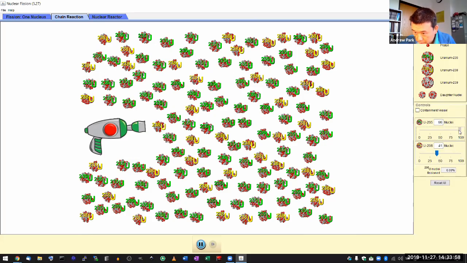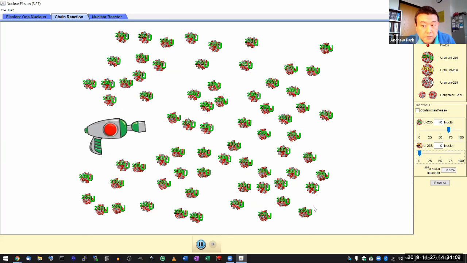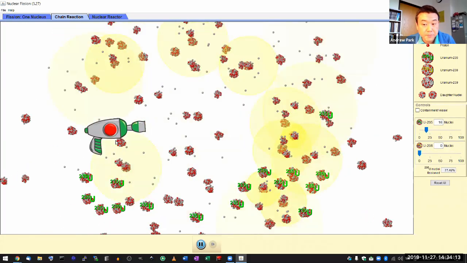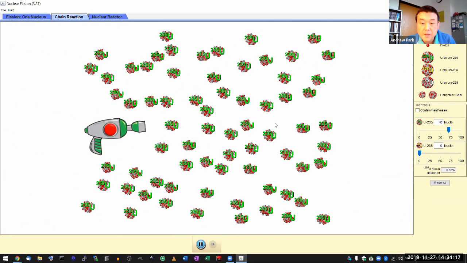Sorry, there's some limit to how many atomic nuclei I can put here. Let me first make sure that it's still an arrangement that will produce a chain reaction and look like an explosion. 70 uranium-235, that's enough.